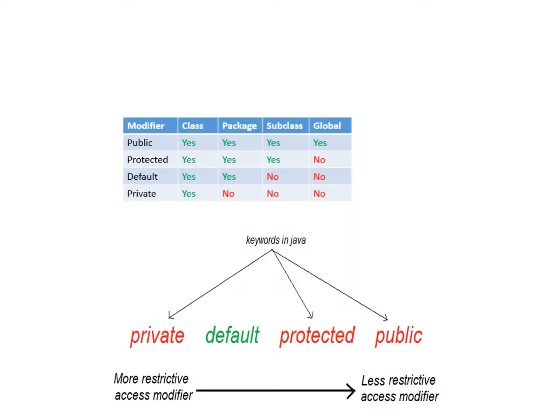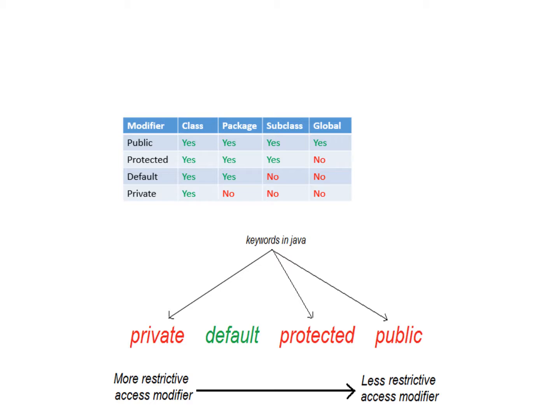Next is the crux of what we have discussed in the access modifiers. Private is more restrictive and public is less restrictive. Here in the tabular form you can see there are four types of access specifiers: public, protected, default, private, and where they are accessible is shown in the first row of the table: class, package, subclass, global.